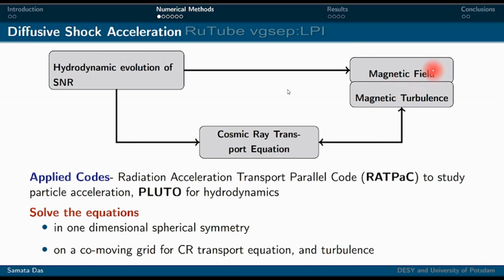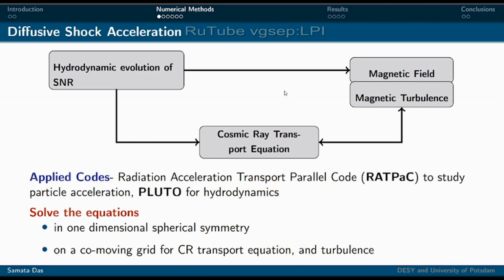The magnetic turbulence gives the scattering centers for the cosmic rays. Therefore, the magnetic field is very important in this case, and we have solved this using the RATPAC code, the radiation acceleration transport parallel code, and we also calculate the hydrodynamics using the Pluto code.